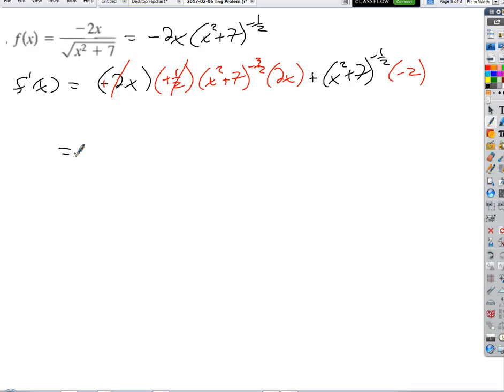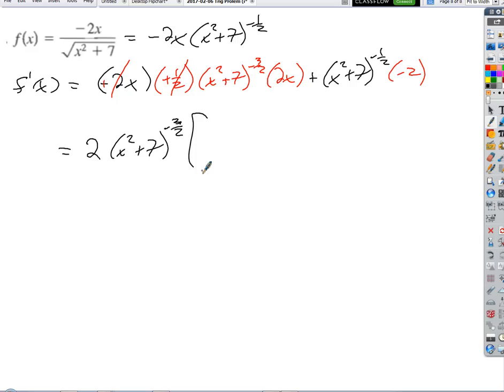So we could pull out, how about if we take out a 2 while we're at it? So we're going to take out a 2 times the quantity x squared plus 7 to the negative 3/2. Why don't we take negative 2 out of it? Well, we could, but we'd rather have our first term be positive, right? And so we end up with what on this side then?